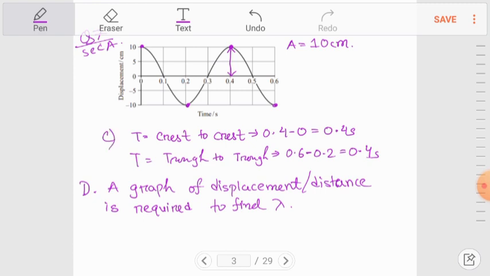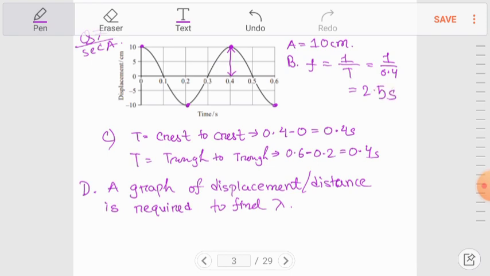The last option is B, and that is the correct answer. Let me explain why. B says that the frequency of the wave is 2.5 Hertz, and we have already calculated the time period for this wave, which was 0.4 seconds. According to the equation, f equals 1 over time period, it becomes 1 over 0.4, which gives a value of 2.5 Hertz.